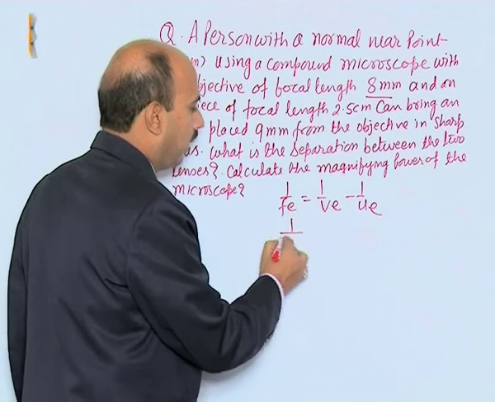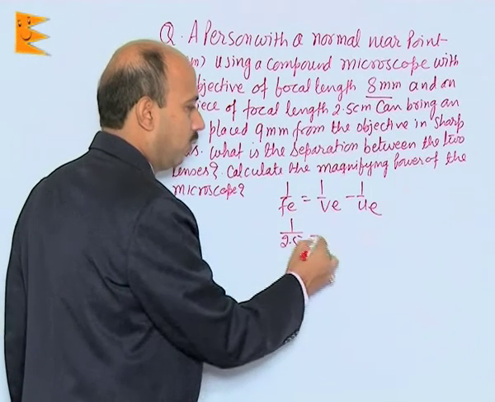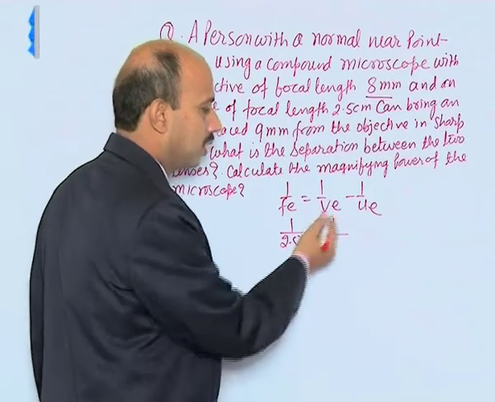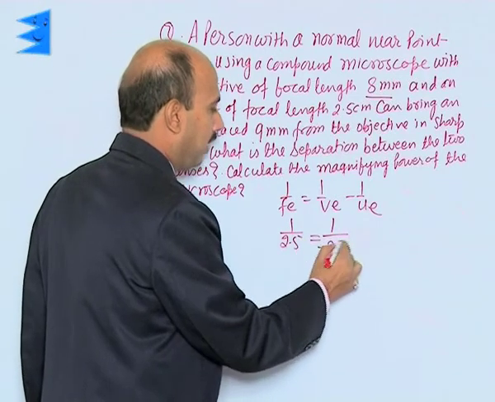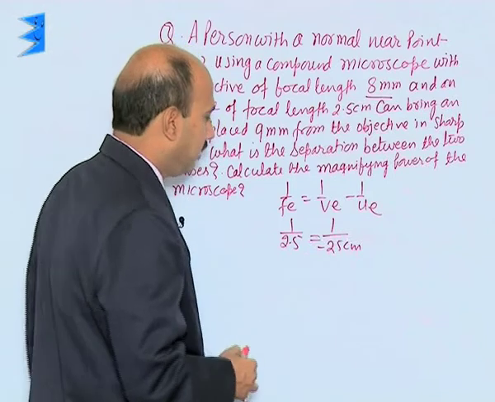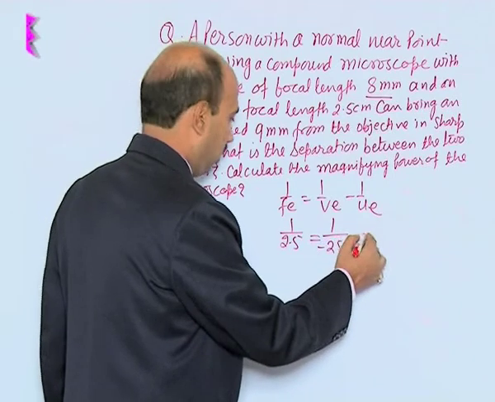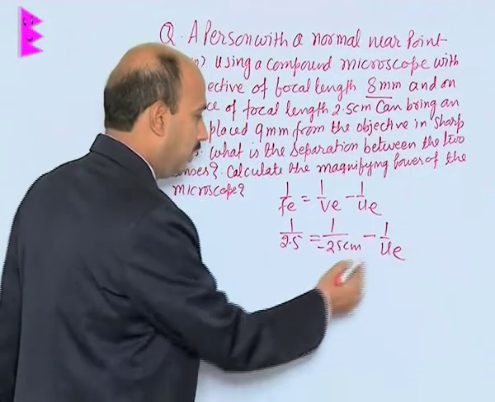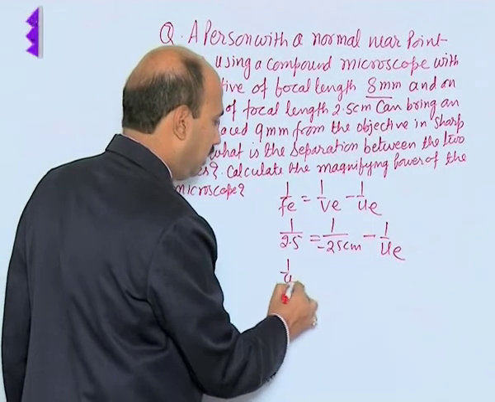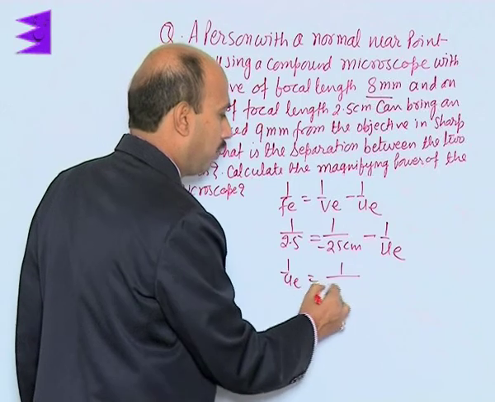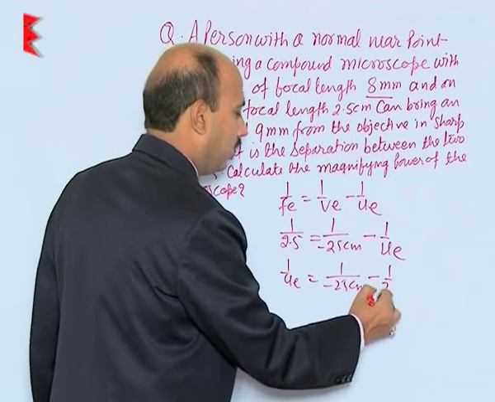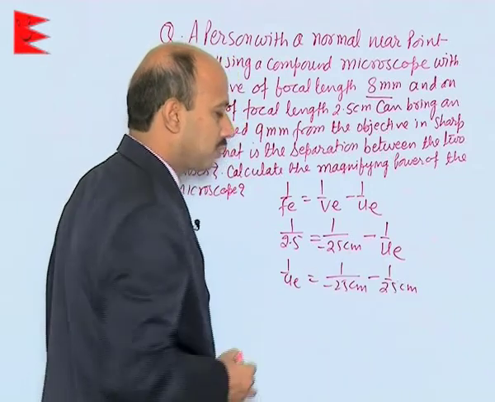So, we can write 1 upon 2.5 is equal to 1 upon minus 25 centimeter minus 1 upon U_E, and then 1 upon U_E is equal to 1 upon minus 25 centimeter minus 1 upon 2.5 centimeter.